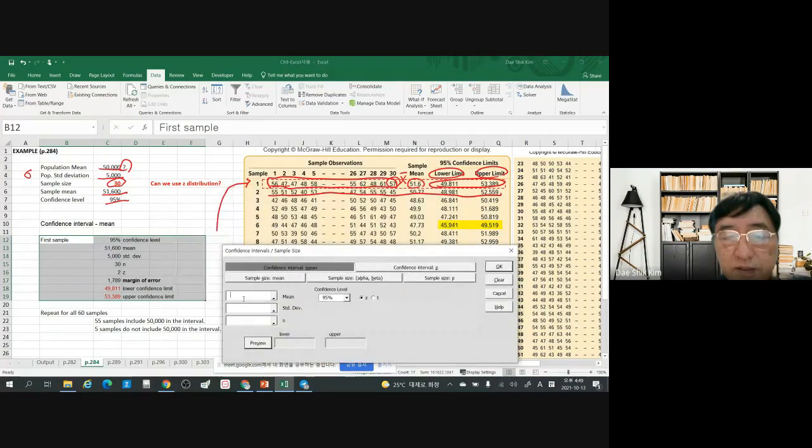The average, I do not enter here. I will just enter directly 50.77. Standard deviation is 5,000. Sample size, same as 30. And the value.